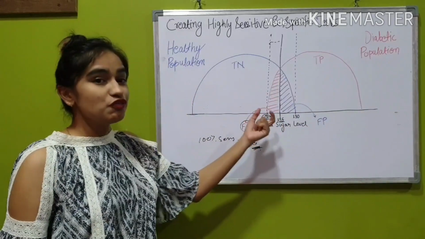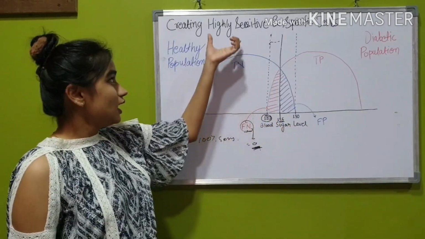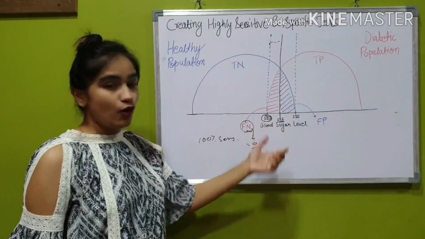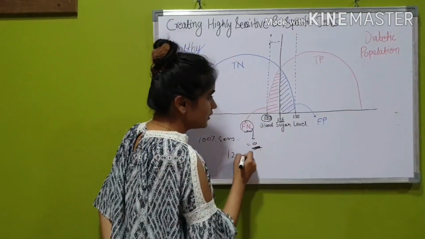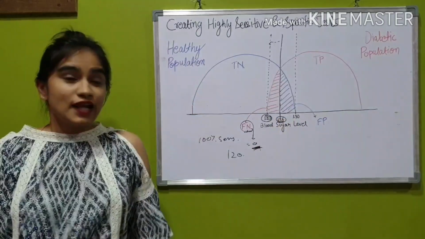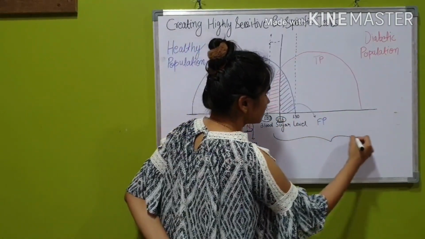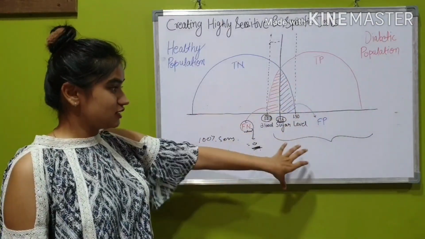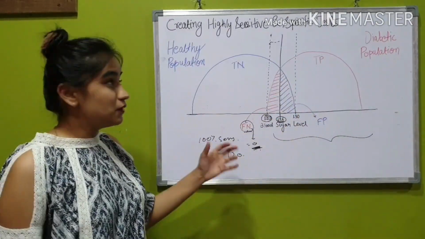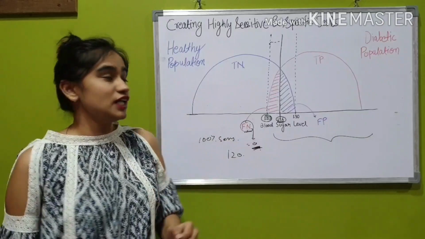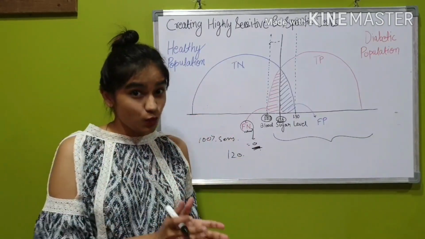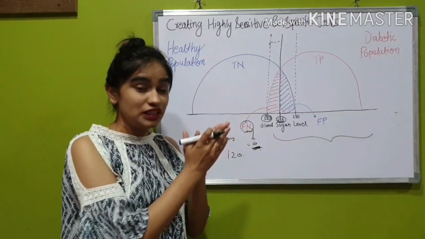So the new reference interval in a test which is 100% sensitive will be now from 120 rather than from 126. Now looking at this, we have all the people who have the disease in this range. That means we have successfully created a test that's 100% sensitive. We do not want anyone with a disease to be left out.